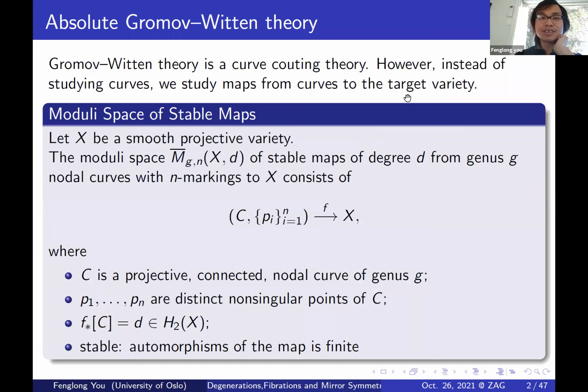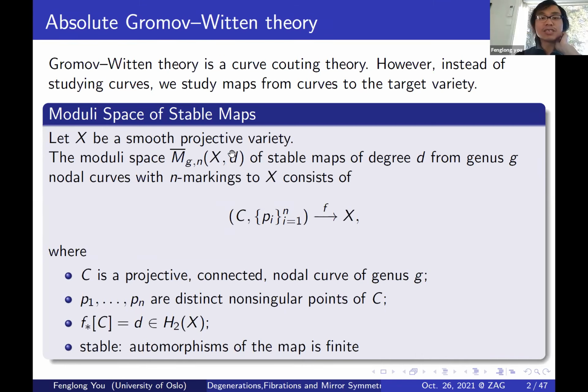This is a classical story. First, we need to define Gromov-Witten invariants. To define that, we consider a moduli space of stable maps from curves with some markings to the target variety X. This is also called a Kontsevich space, the moduli space of stable maps.